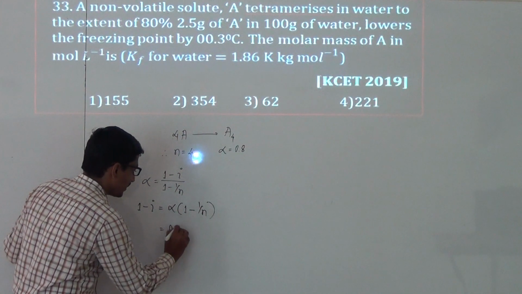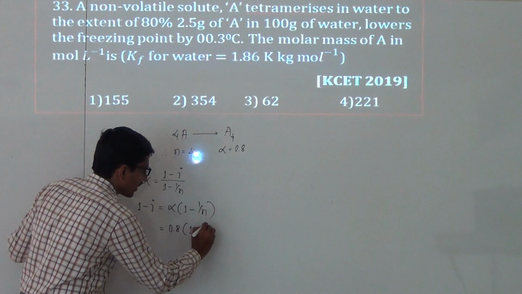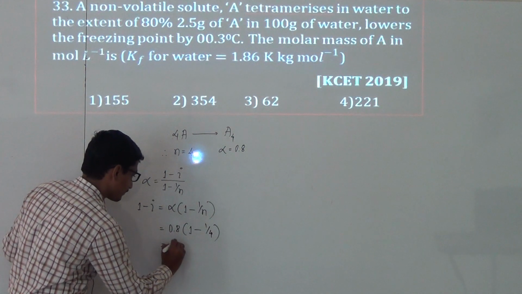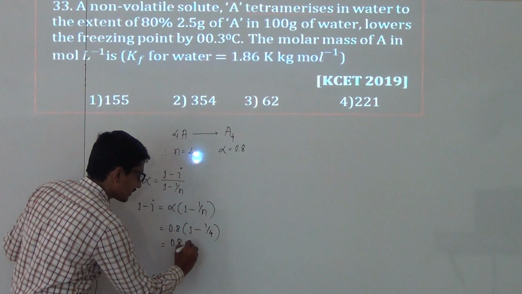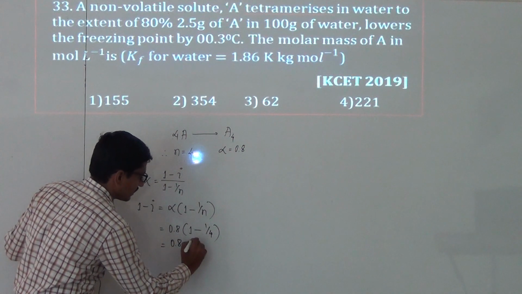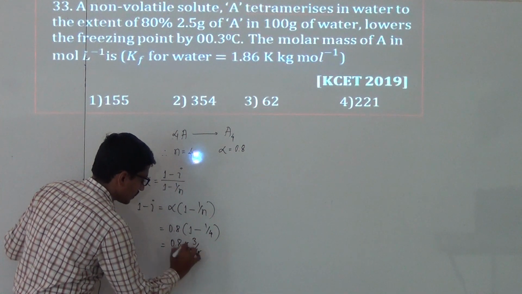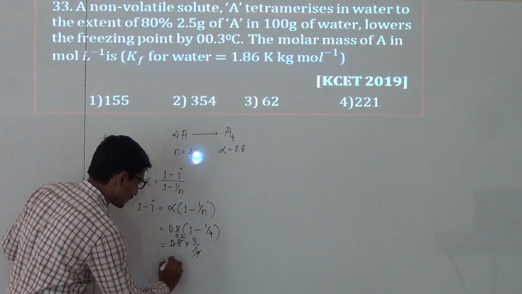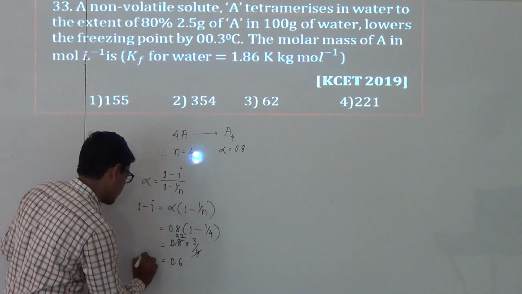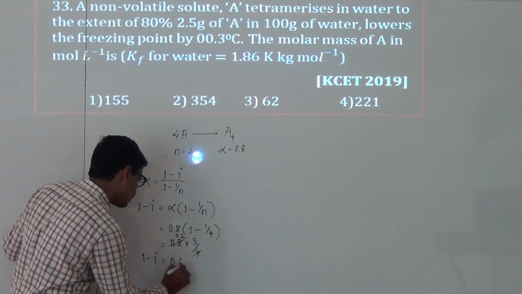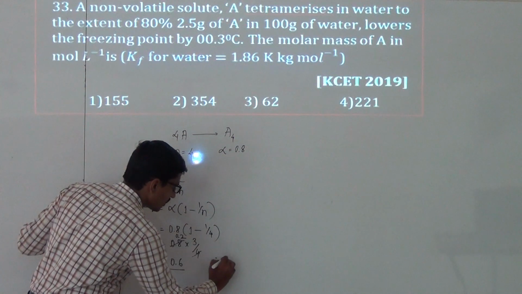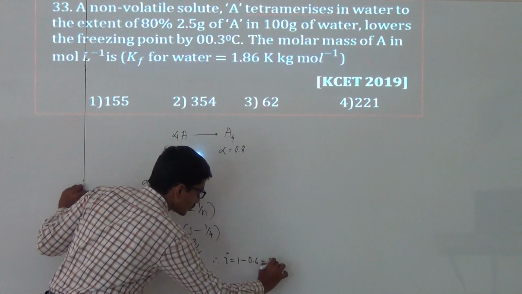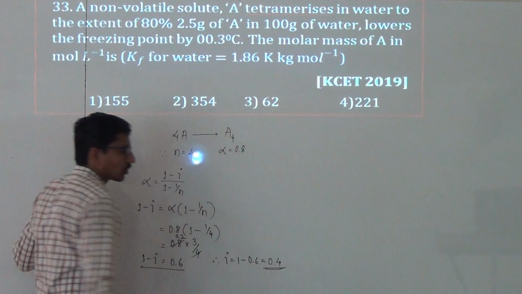Alpha is 0.8, 1 minus 1 by 4 is 3 by 4, and this gives 0.6. So 1 minus i is equal to 0.6, therefore i is equal to 1 minus 0.6, which is 0.4, the van't Hoff factor.